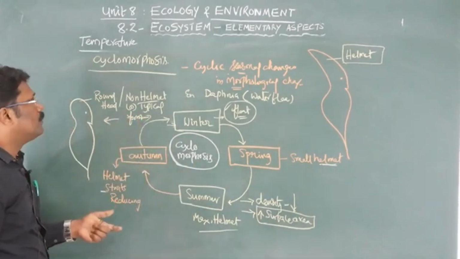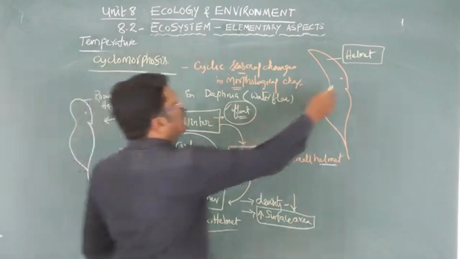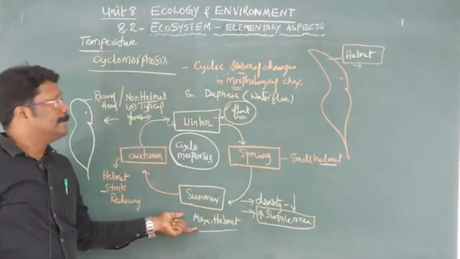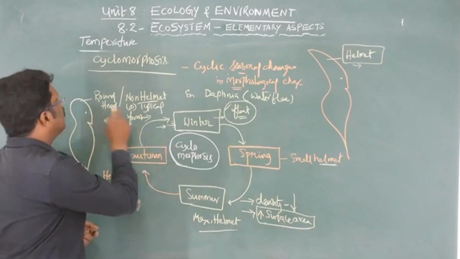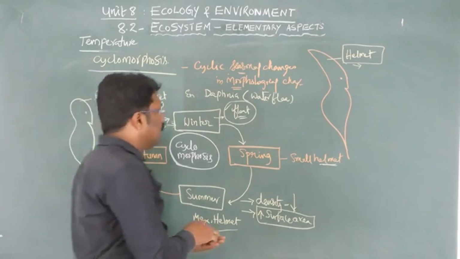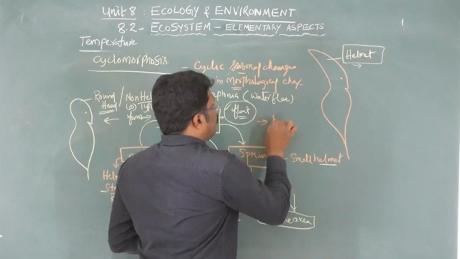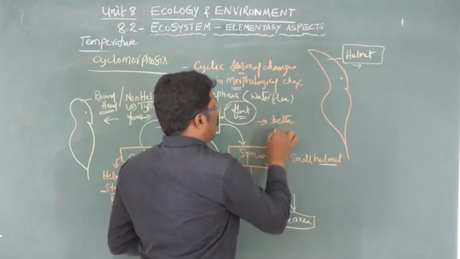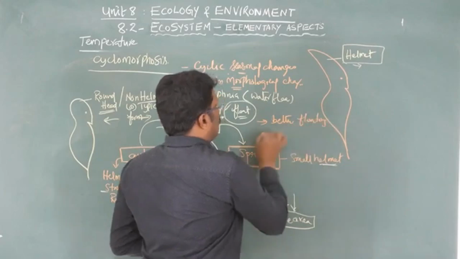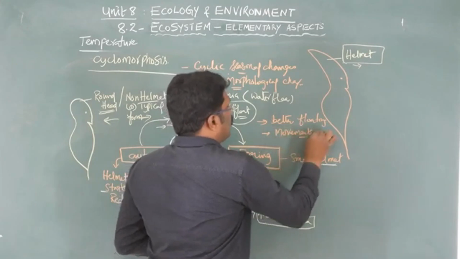So this is how, in order to float on the water, there is a need for a helmet, and it starts building up a helmet by the time it reaches the summer, and by the time of winter, the helmet will be removed or reduced. And we can say, for better floating as well as movements in the water.